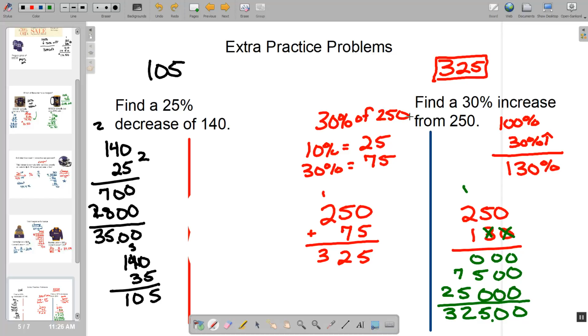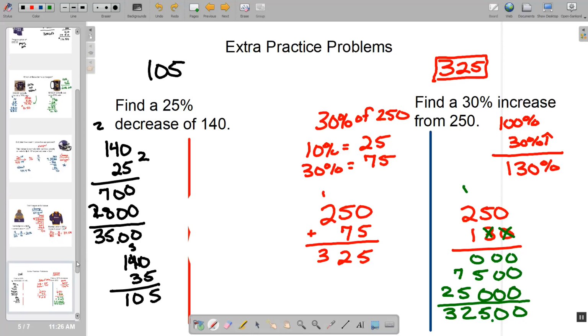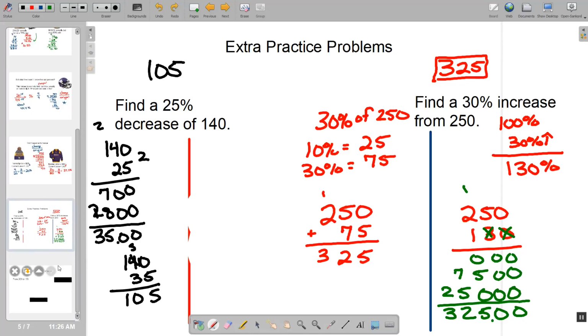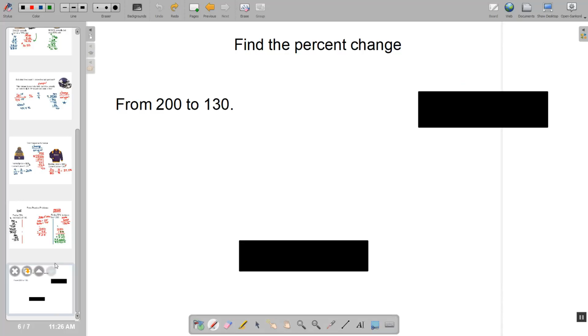So here is both algorithms for finding percent change when you're given the percentage. But what if we're not given the percentage and we want to find the percent change? Well, the two keywords are change over original. Once you make a fraction, you turn that fraction into a percent and you are golden.